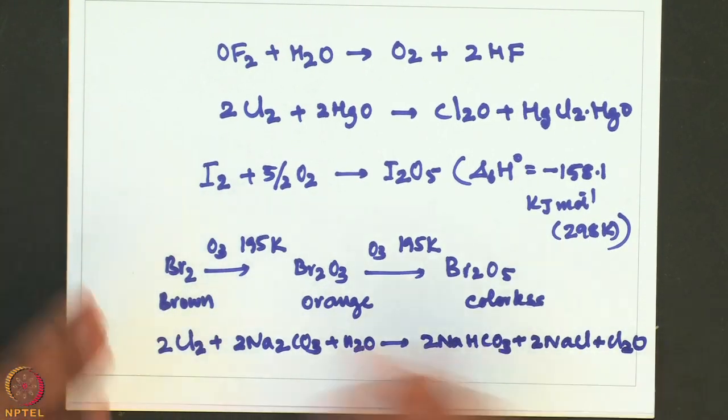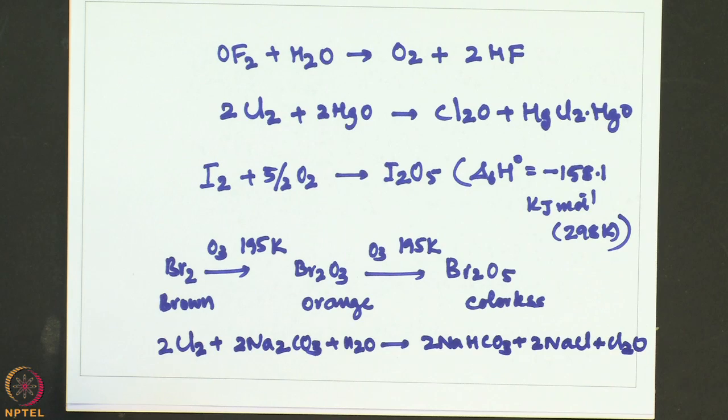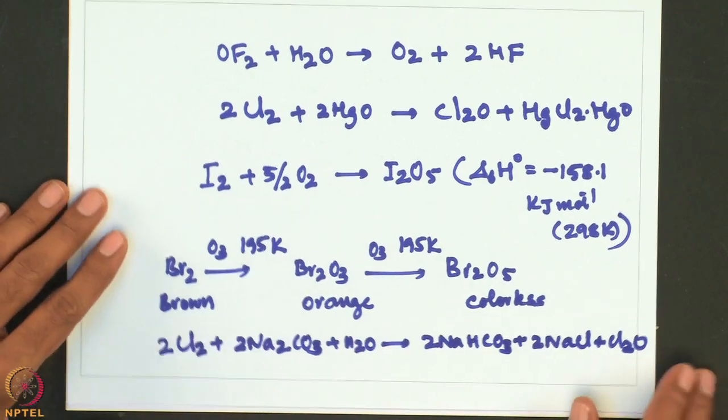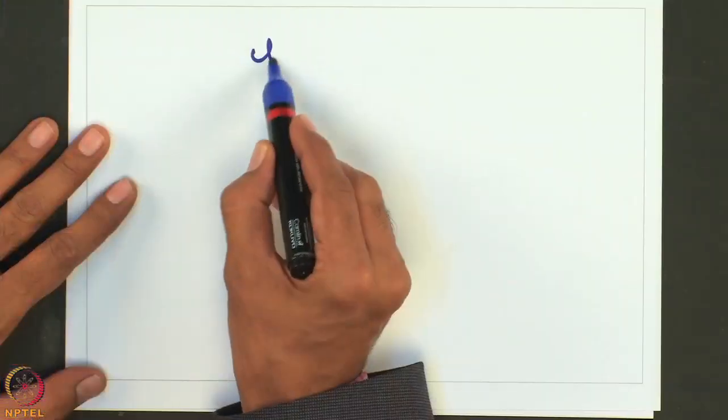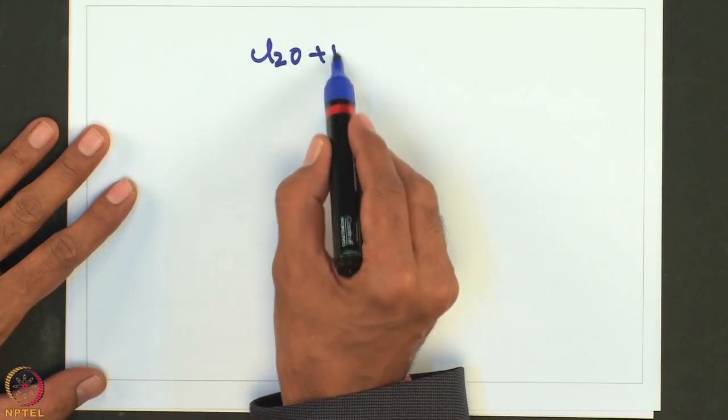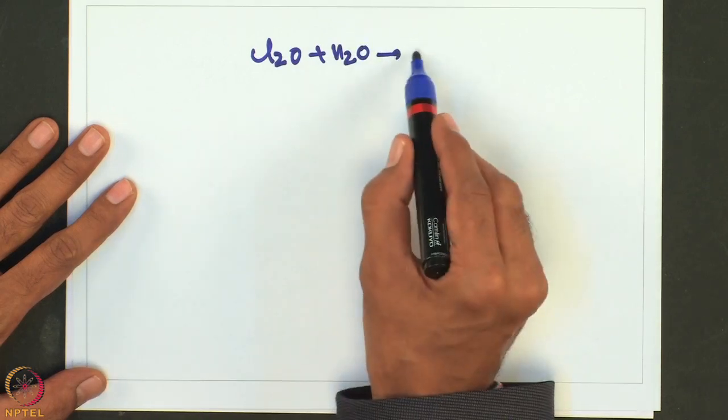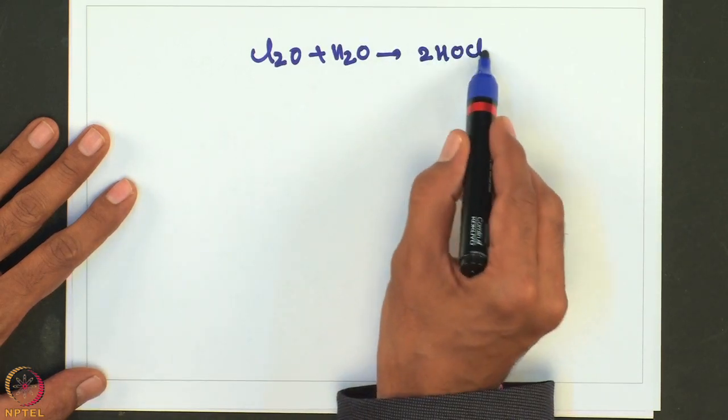This Cl2O liquefies at 277 Kelvin and explodes violently on warming. It hydrolyzes to hypochlorous acid and is the anhydride of this acid. For example, Cl2O plus water gives 2HOCl.